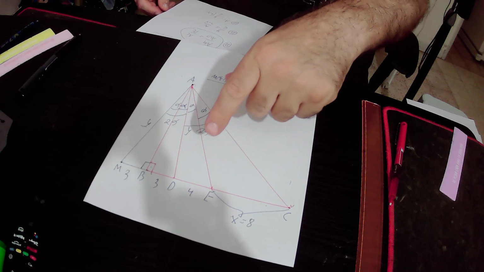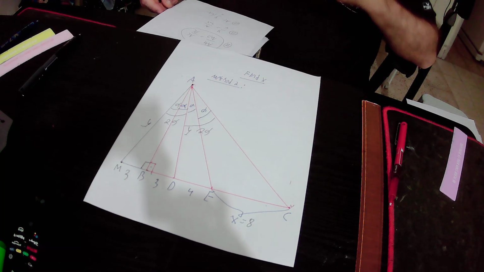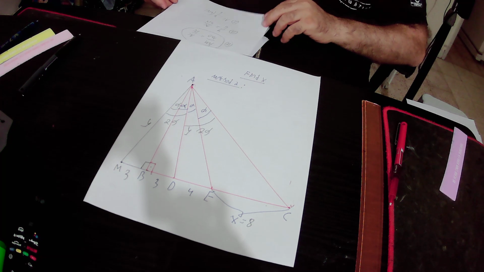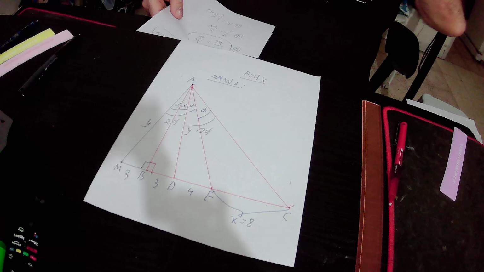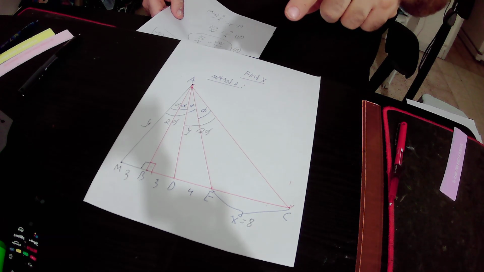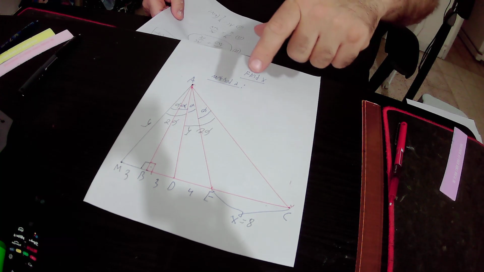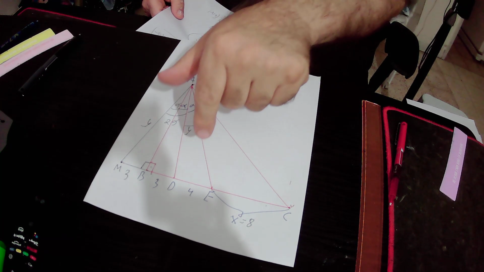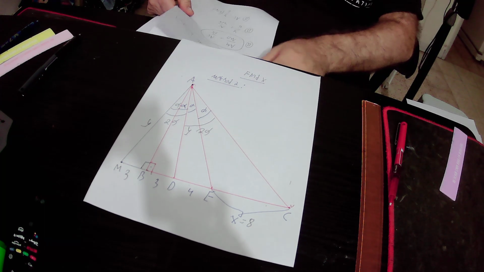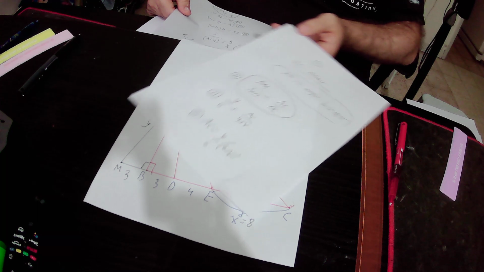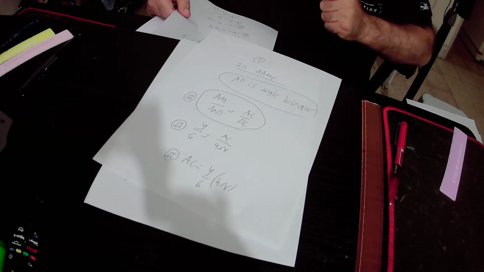So AD is the angle bisector of triangle AMC, and the following relationship exists between the sides of a triangle that has an angle bisector: AM over MD equals AC over DC.